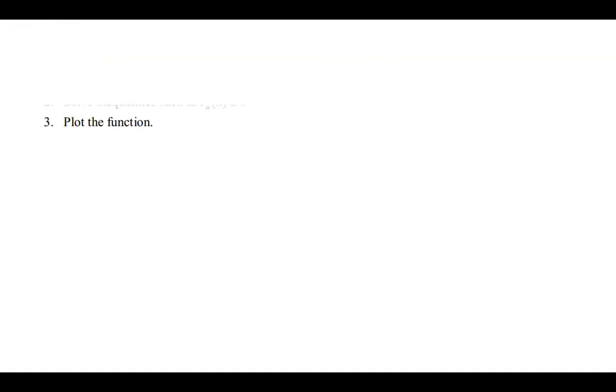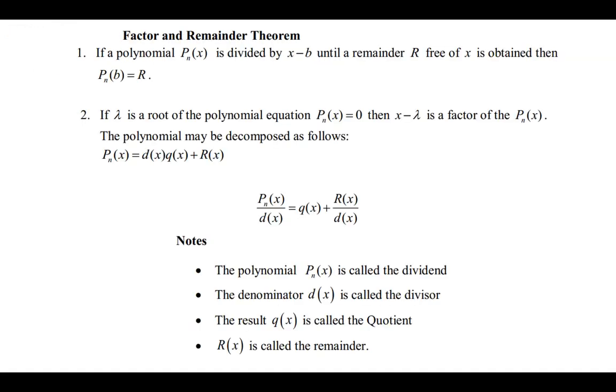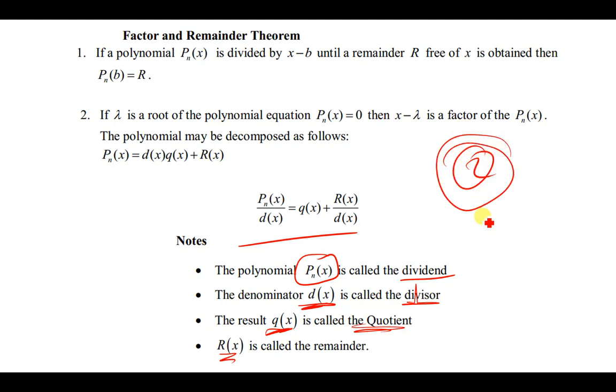Okay, so what I was explaining is this. In this expression, p of x is the dividend, d of x is the divisor, q of x is the quotient, the answer, and r of x is the remainder. It's not always that the remainder will be a constant or just a number. Sometimes the remainder can be 2x.